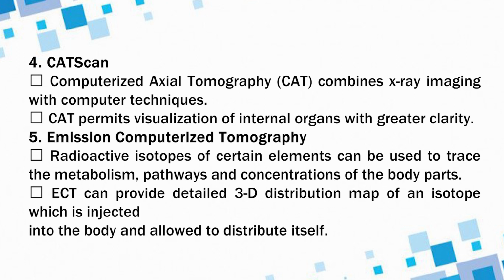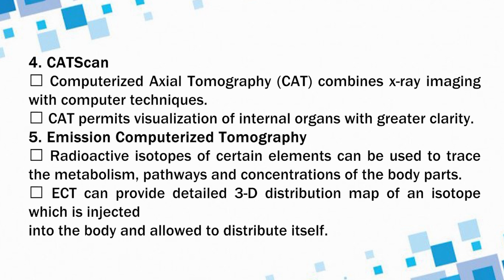Now fifth one, emission computerized tomography. Radioactive isotopes of certain elements can be used to trace the metabolism, pathways and concentration of the body parts. ECT can provide detailed 3D distribution map of an isotope which is injected into the body and allowed to distribute itself.